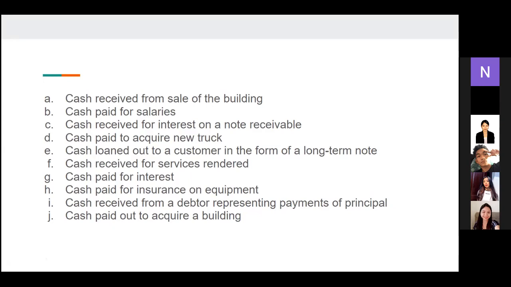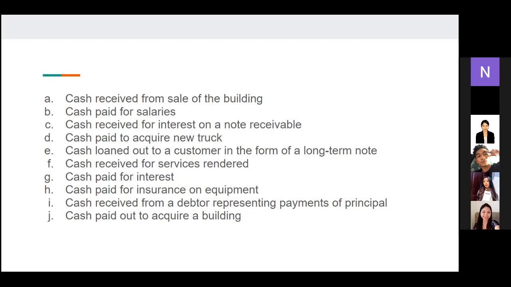Nag-loan out siya in the form of long-term note. So, ang long-term note is classified siya as non-current assets. So, ibig sabihin kapag non-current assets is sa investing activities siya. Kasi non-current assets. So, yun.